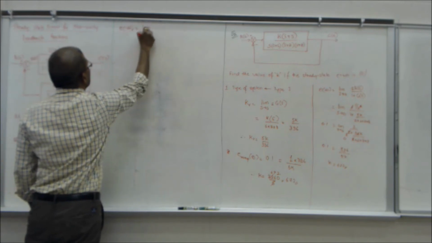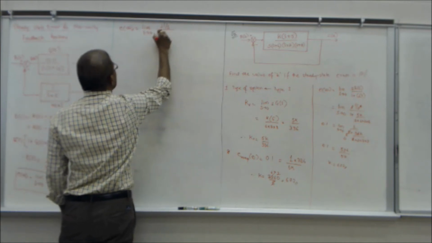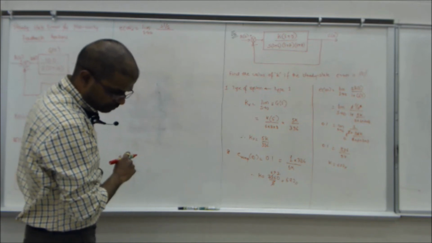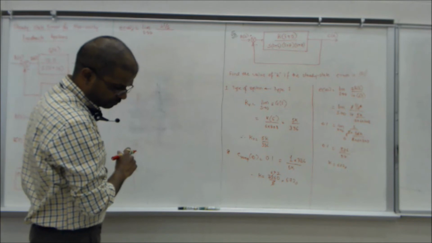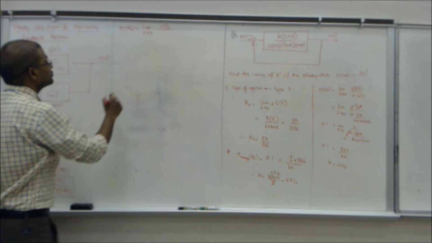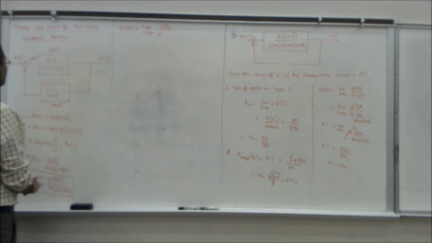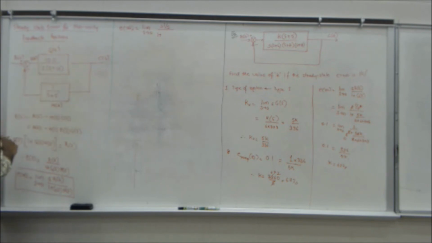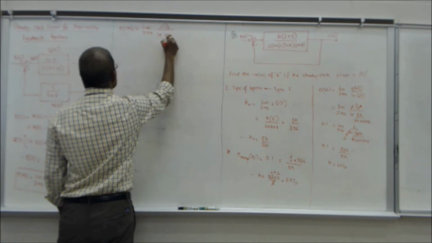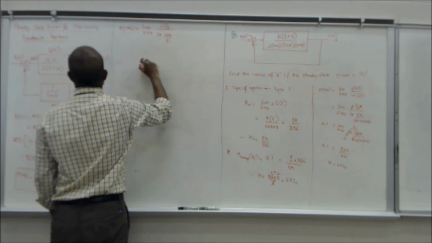Limit as s tends to 0, you have s times 1 over s, over 1 plus G of S H of S. So you have G of S, you have 100 over 0.